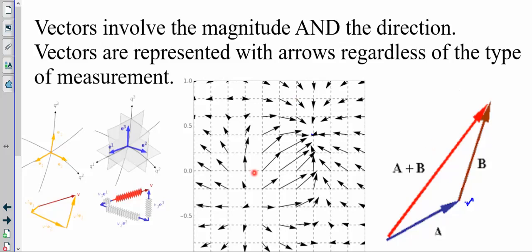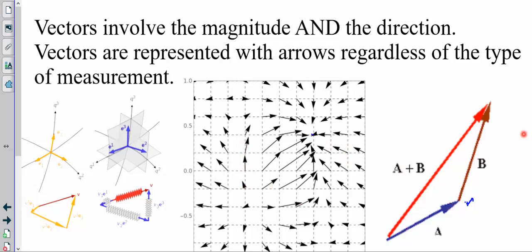But otherwise, right here in the middle, you'll see a vector field, and that shows, between two charges, a negative charge and a positive charge, what happens with the electric fields as you move in this field diagram. Those are topics for a much different day, but it gives you an idea that vectors typically require arrows and therefore directions. For instance, right here where the mouse is, the vector direction means the field is going upwards, or to the north, or away from whatever was right here.